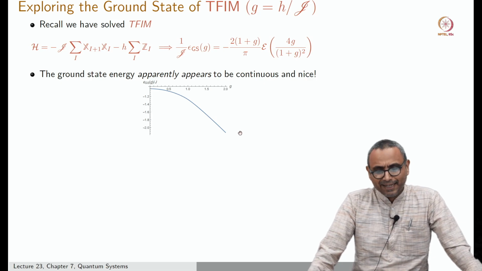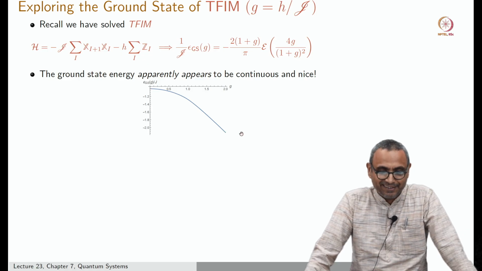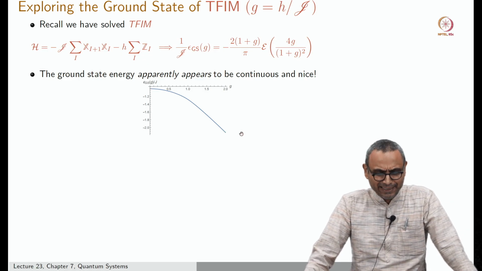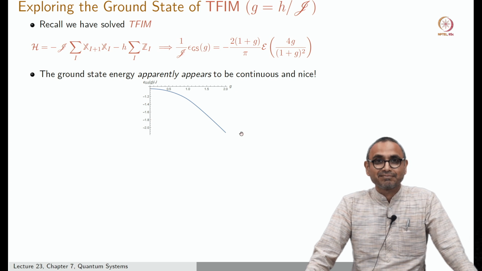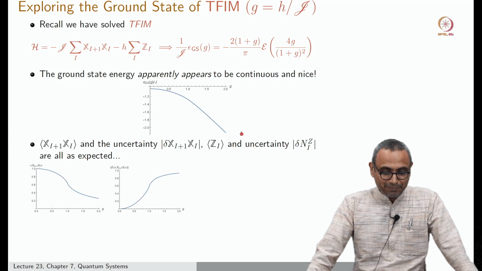So you are already a little puzzled. This looks, well, it looks nice and smooth. So what is there? It doesn't seem to have any non-analyticity or anything like that. It looks very nice. All right, so it's not very encouraging, but let's continue on.